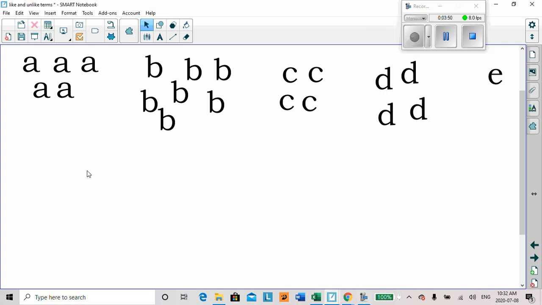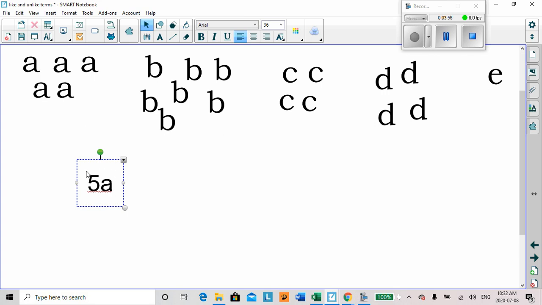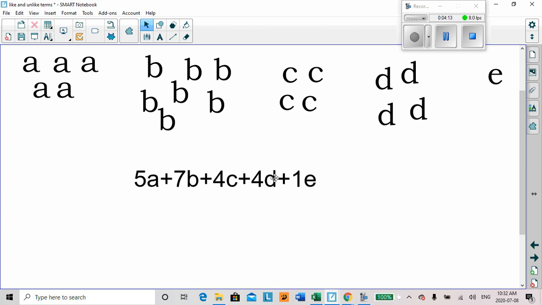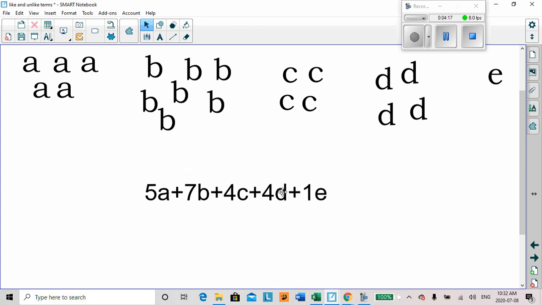Now that I have them all sorted, I can say that I have 5 A's and 7 B's and 4 C's and 4 D's and 1 E. Now I can't put those together because those are all different. So I have made a mathematical expression stating what I have.